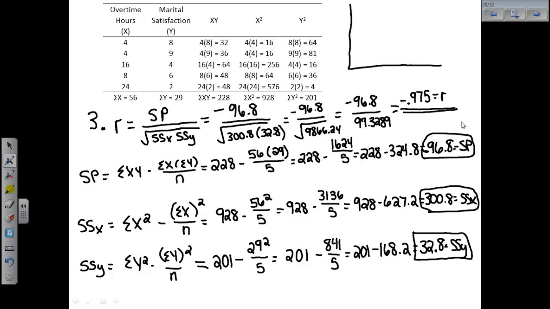All right. Don't criticize my beautiful art here. So we've got the x-axis as overtime hours, and then the y-axis is marital satisfaction.